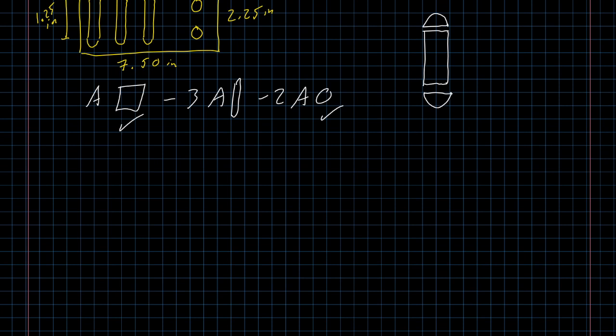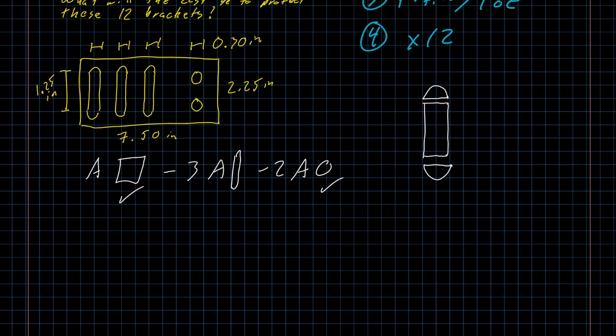So I can split that up. I don't want to scroll quite that far down because I need the data still. And I can think about this as the area of the rectangle minus 3 times the area of the tall skinny rectangle that makes up part of that slot, minus 6 times the area of that half a circle, and then minus 2 times the area of the full circle.